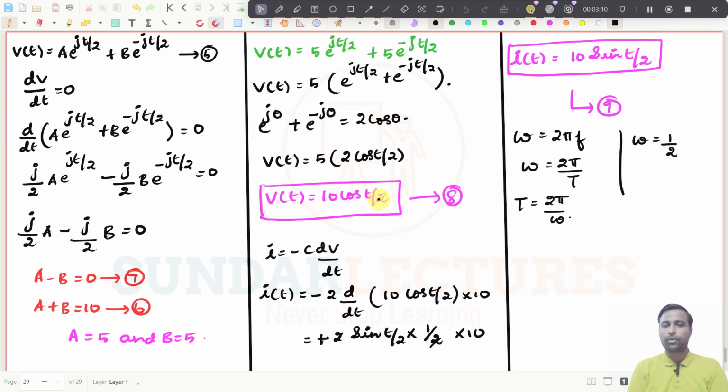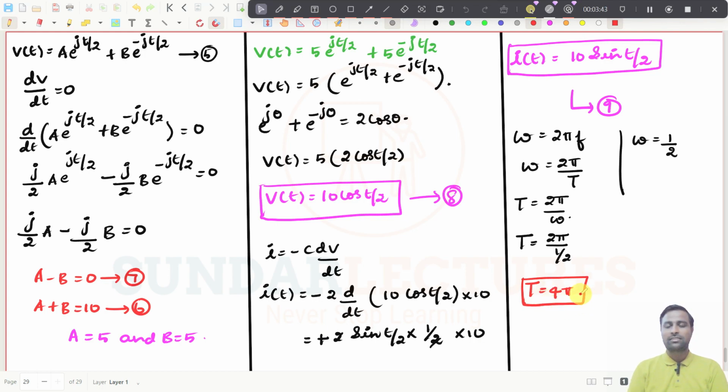If you substitute, T is equal to 2 pi divided by 1 by 2, and if you simplify, you will get T equal to 4 pi. This is the total time period for a single cycle. For one cycle, it takes a period of 4 pi.